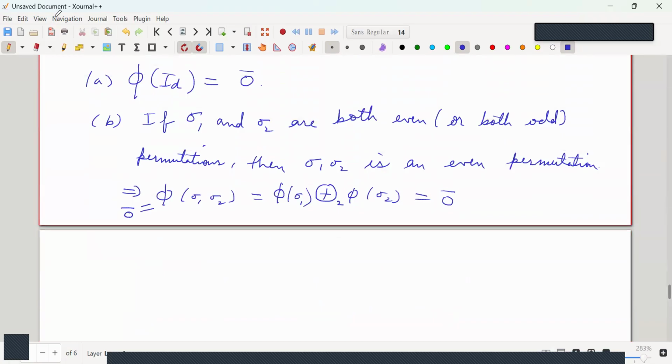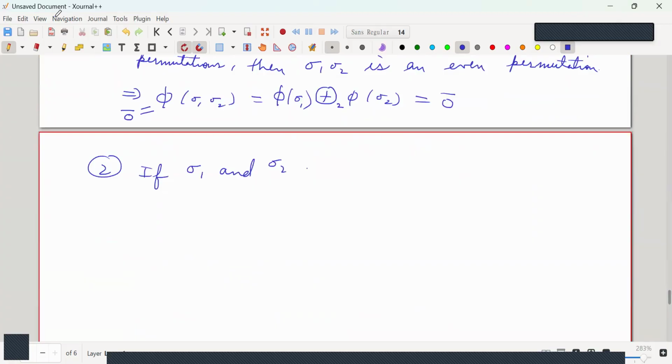And so now what if they have different parity? If sigma 1 and sigma 2 are of different parity, no matter which is even or odd, then definitely sigma 1 sigma 2 is an odd permutation.